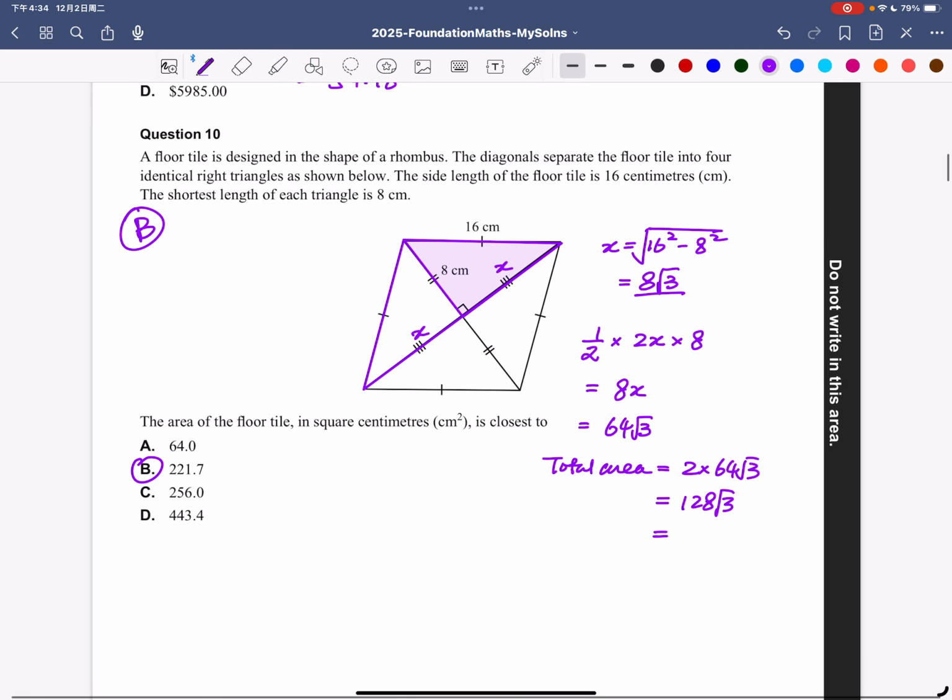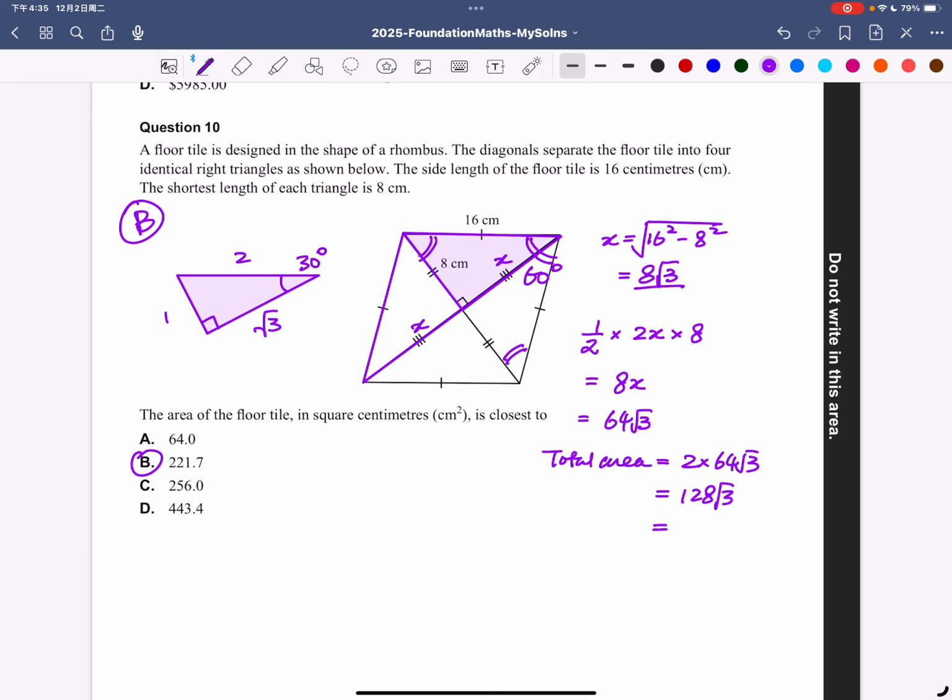Of course, if you recognize the right angle triangle here in a ratio of 1, 2, root 3, you can identify this is 30 degrees, and the whole thing is 60 degrees. So there are 2 equilateral triangles.